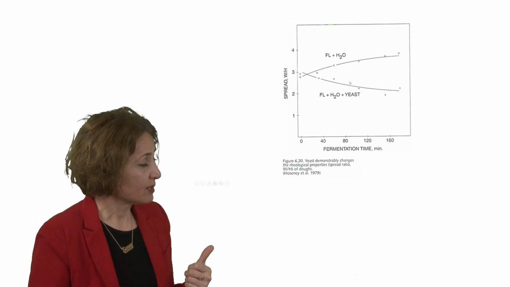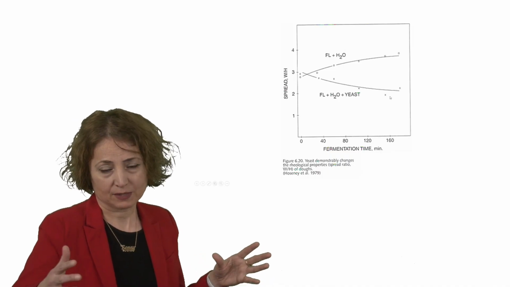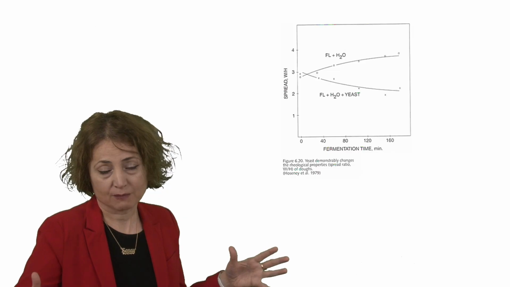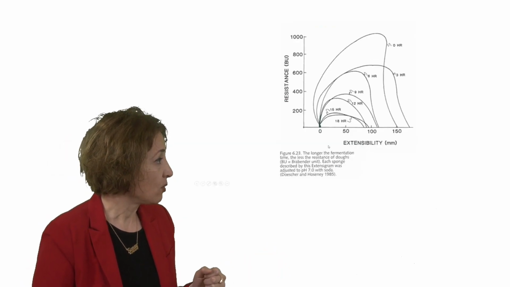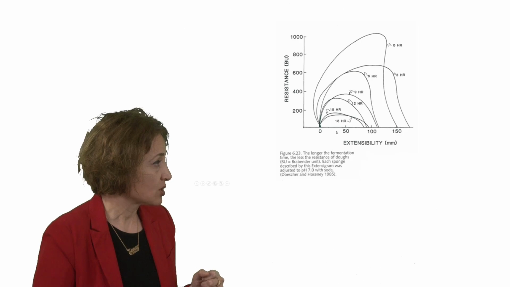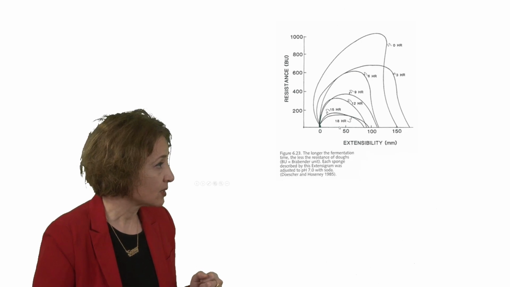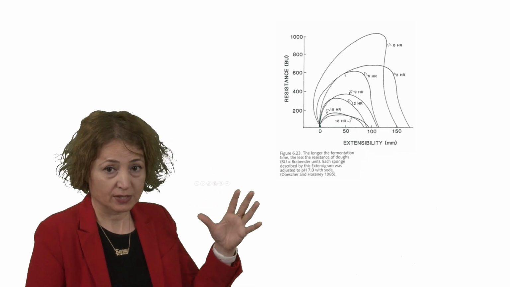As we add yeast, we see that the spread ratio is lower because the dough is expanding more and becomes more extensible. This is an example of how the longer the fermentation time, the less resistance to expansion. So this is how fermentation time impacts the extensibility of the dough and also the resistance to expansion.